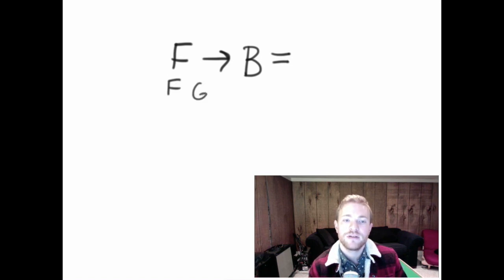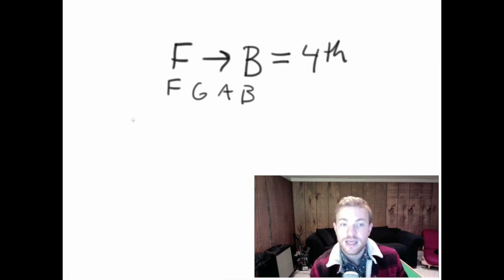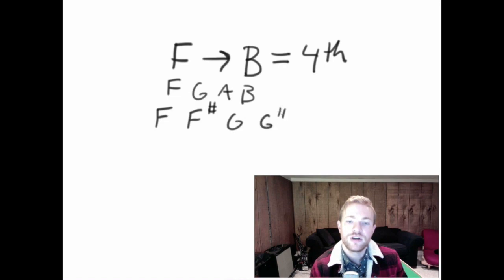Alphabetically, we have an F, G, A, B. There are 4 letters there, so we know that this is some type of fourth. Now, if we count the number of chromatic steps, we would go F, F sharp, G, G sharp, A sharp, and finally B.